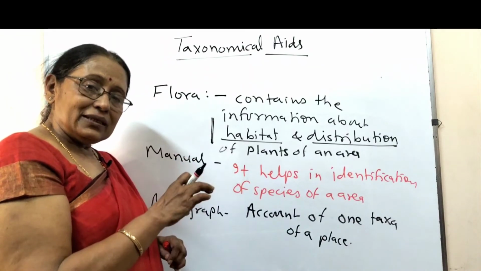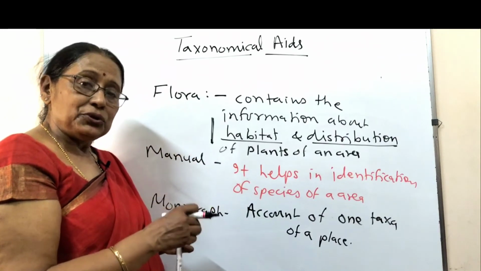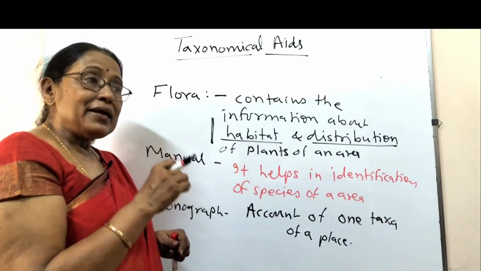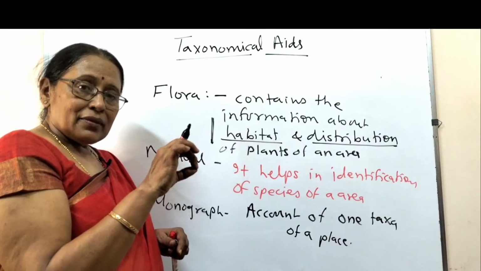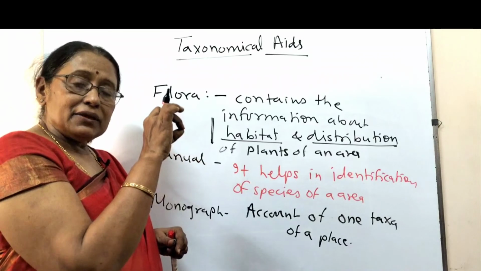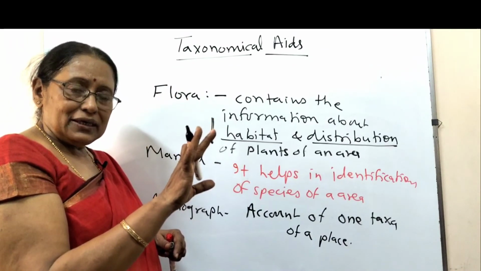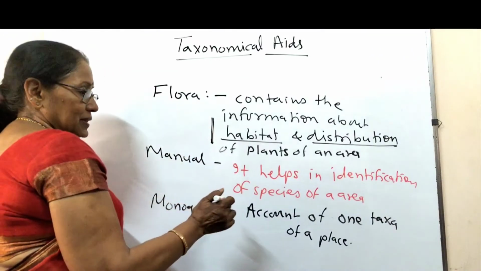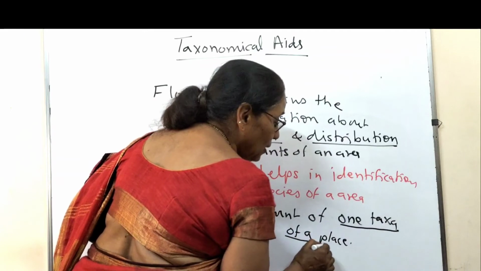It may be any particular species, उसके बारे में सब कुछ, or the genus is also one taxa. It can be the family, any one taxa, and describe everything about it. So that is monograph, account of one taxa of a place.